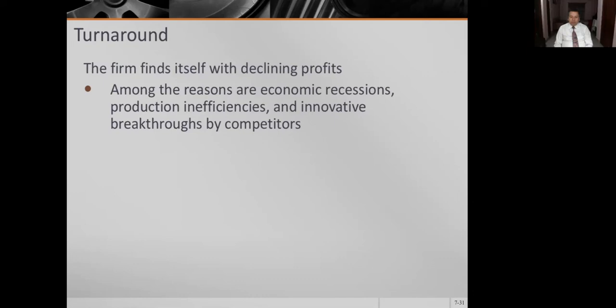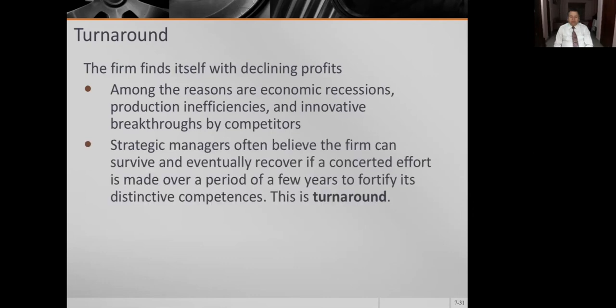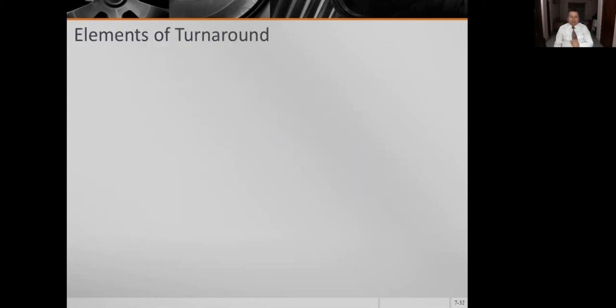In Nokia's case, it was actually the last one, innovative breakthroughs by competitors. They were ahead in the innovation, but they were not able to capitalize on that. Strategic managers often believe the firm can survive and will eventually recover if a concentrated effort is made over a period of a few years to fortify its distinctive competencies. This is turnaround. There can be cost reduction, or there can be asset reduction. Okay.